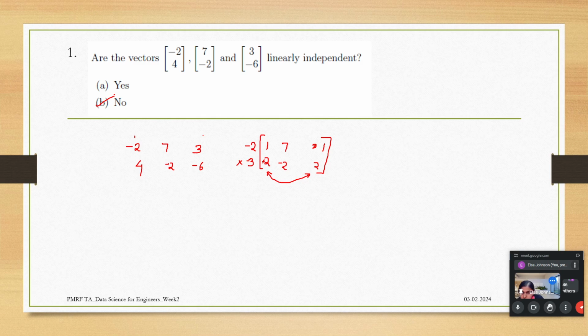-2 in the third column, ma'am, in R2 we cannot have more than 2 linearly independent columns. Meaning like, Ravi, what did you mean? Here we have 3.